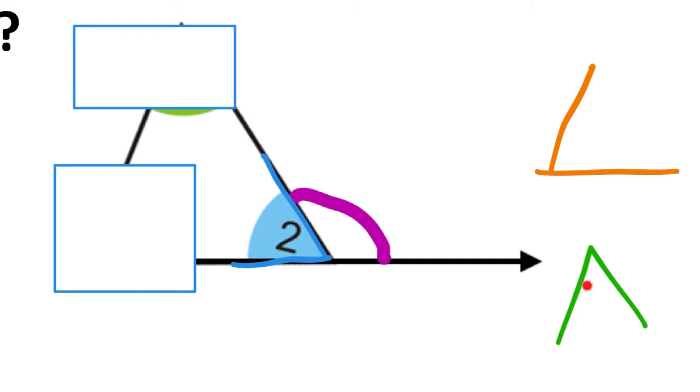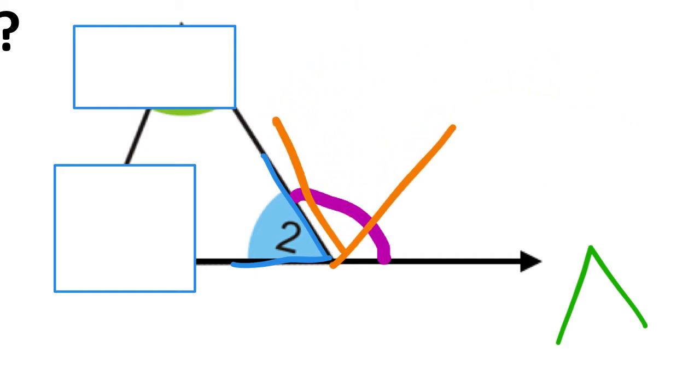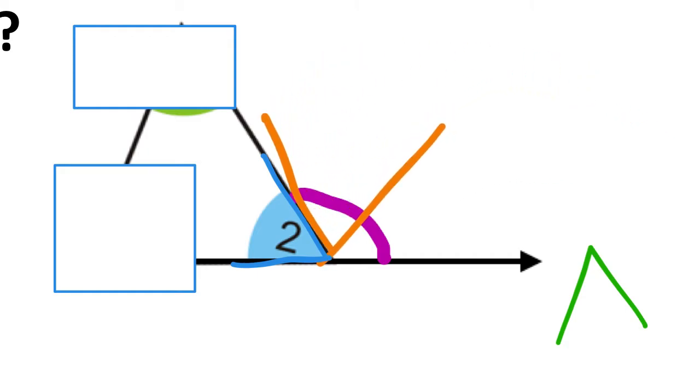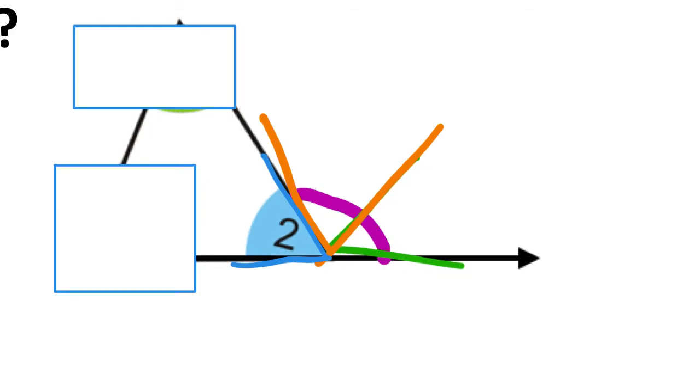Well, it means that if we look at angles 1 and 3, the green and the orange one right here, if you combine the orange and the green one like this, assuming I drew those better, then they would make up the purple angle. Come on, technology. There we go. See that? So the purple is actually the orange and the green.